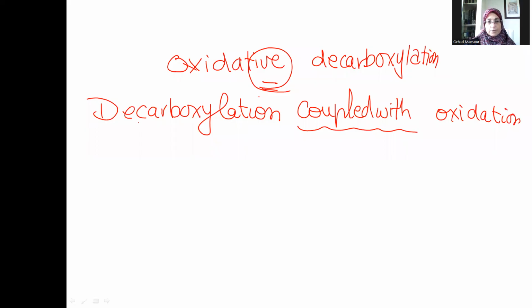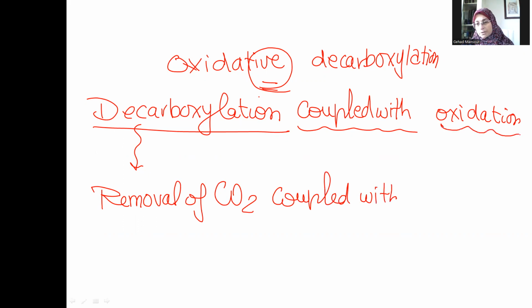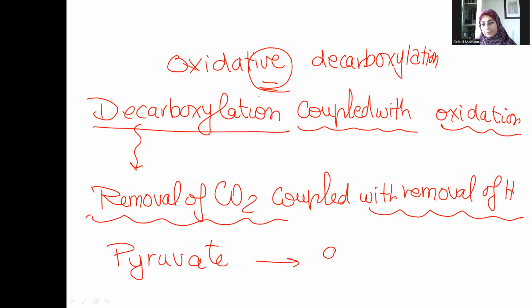Decarboxylation is removal of carbon dioxide, and oxidation is removal of electrons or removal of hydrogen. So it is removal of carbon dioxide coupled with removal of hydrogen, and the best example is when pyruvate is converted into acetyl coenzyme A.